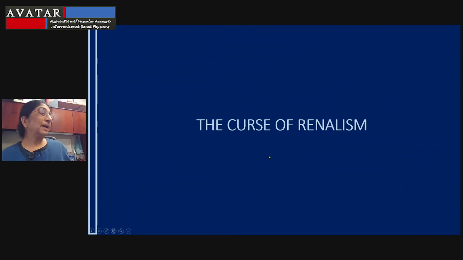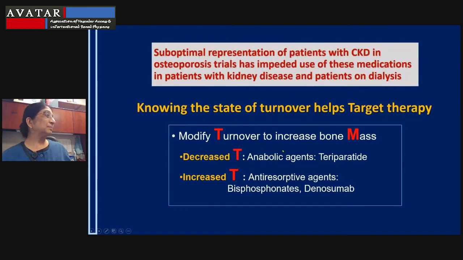And my last two slides are to highlight the curse of renalism that I think all nephrologists should be aware of as our practice becomes more and more interdisciplinary. One of the things that we have suffered from is suboptimal representation of patients with CKD in osteoporosis trials that has impeded the use of osteoporosis medications in patients with kidney disease and patients on dialysis.